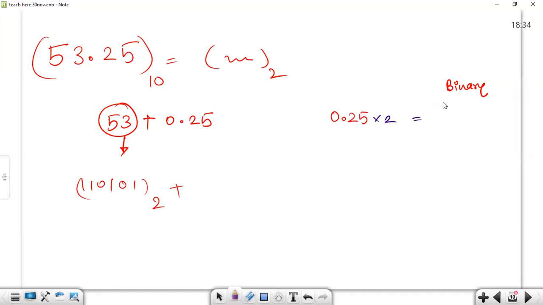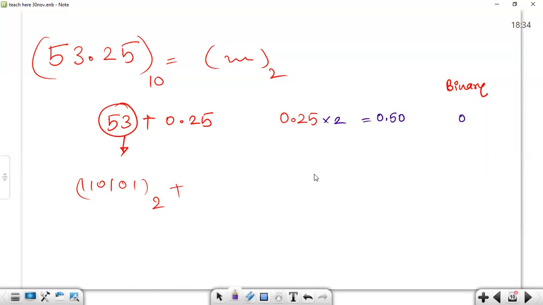What is the answer? What will be its product? Come on, tell. 0.50. Now we are going to take this number, copy it and paste it here.